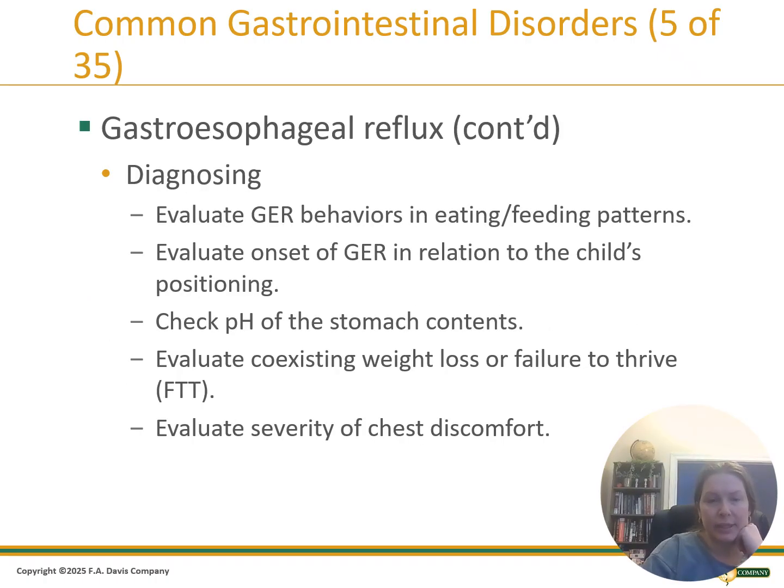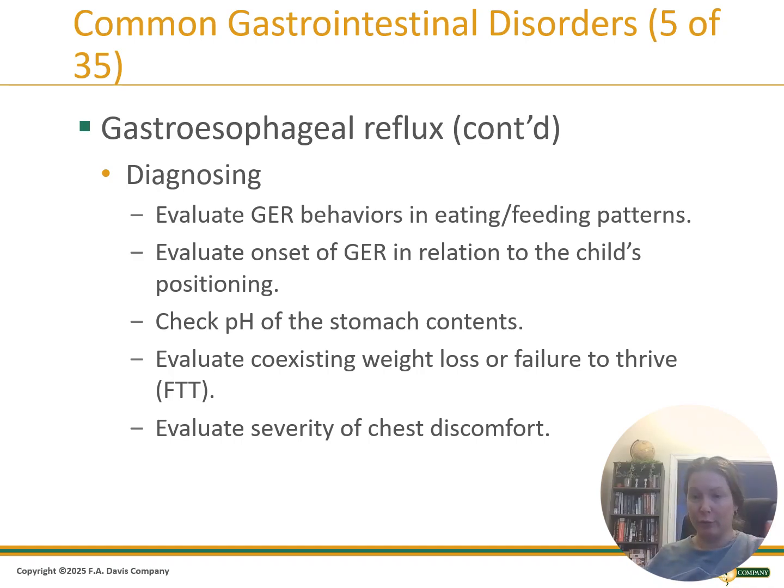So with diagnosing, we're going to evaluate any gastroesophageal reflux behaviors, asking the parent if they're having any of these, such as spitting up after eating, irritability, kind of arching their back. We want to evaluate the onset in relation to the child's positioning. Are they doing this during a certain time of eating?